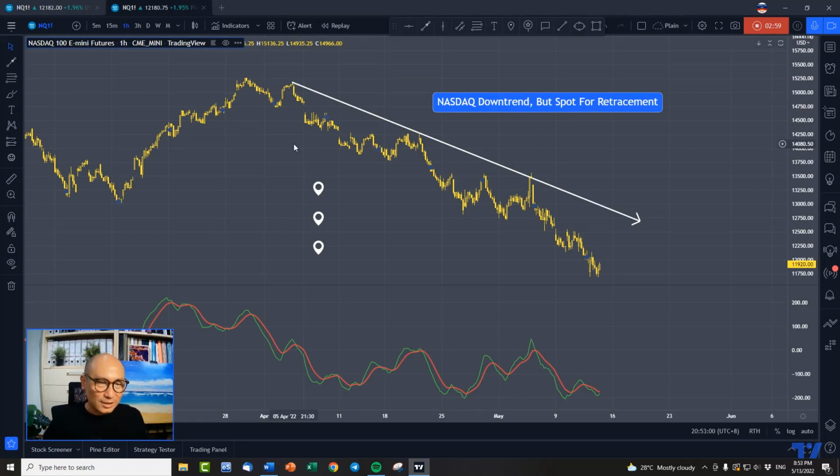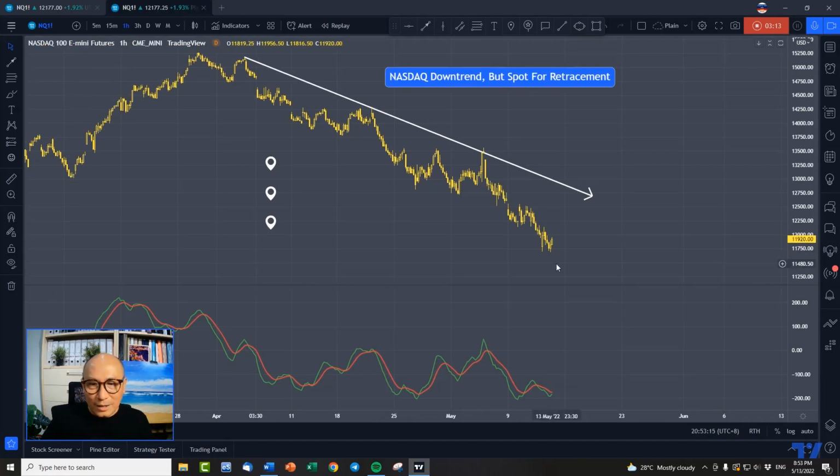Now, remember the topic here is that in a downtrend line, could we still buy? Then we have to identify the primary downtrend line and also the secondary downtrend line. What do I mean by secondary downtrend line? I believe that market may retrace along the way. So it's not just down, down, and all the way down.